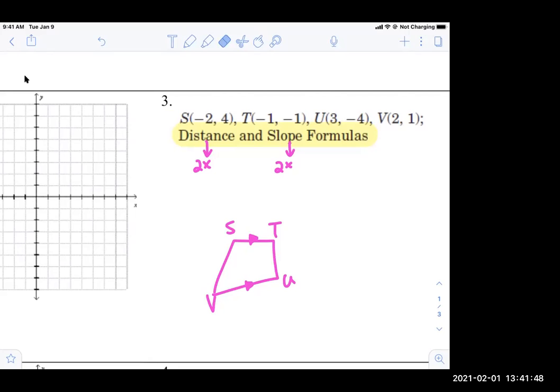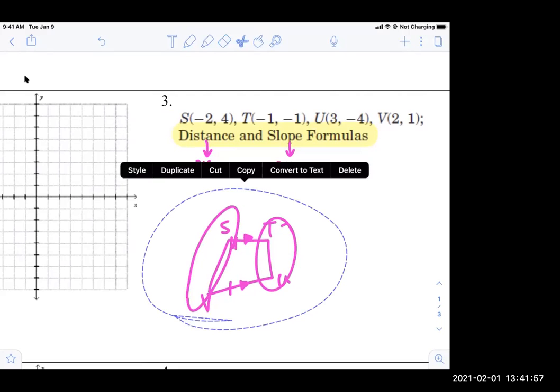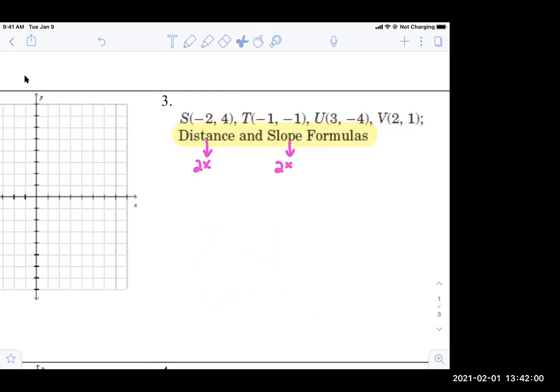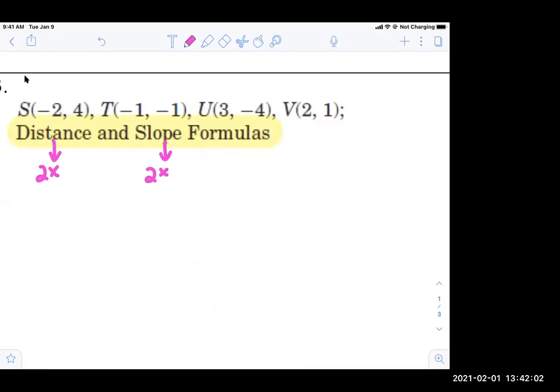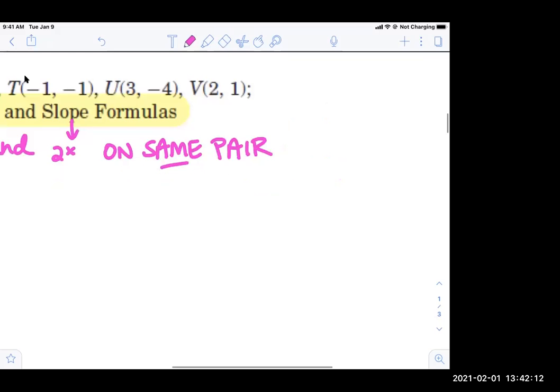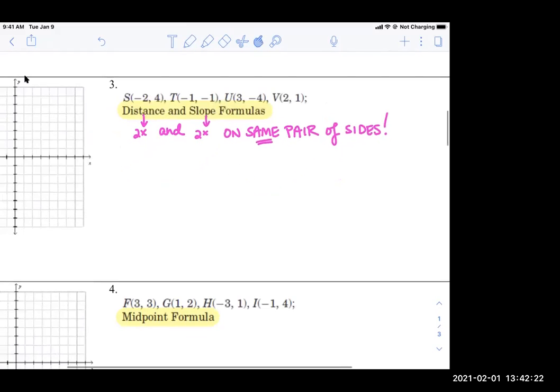It doesn't matter whether you pick ST and VU, or SV and TU, but whenever you do distance and slope mixed together, you have to make sure it's on the same pair of sides. Because again, it could be an isosceles trapezoid if you get one pair parallel and the other pair congruent. Make sure you pick one pair and do 2 slopes and 2 distances.